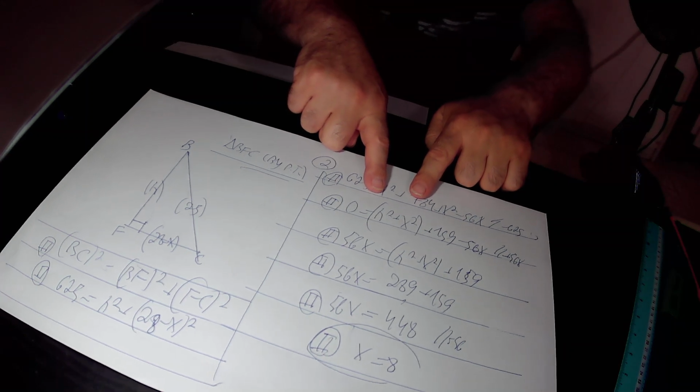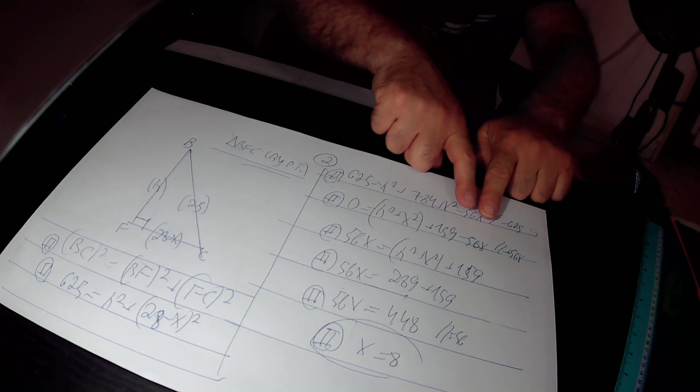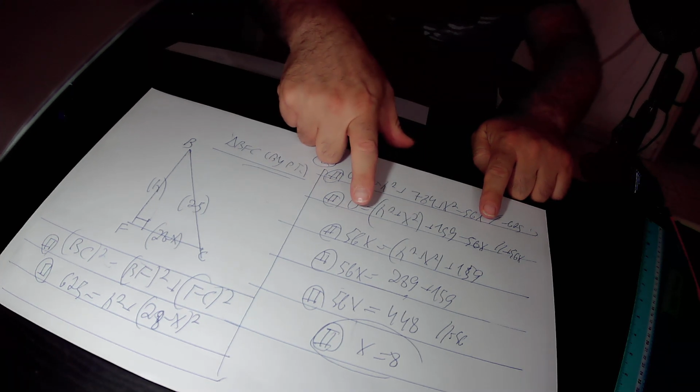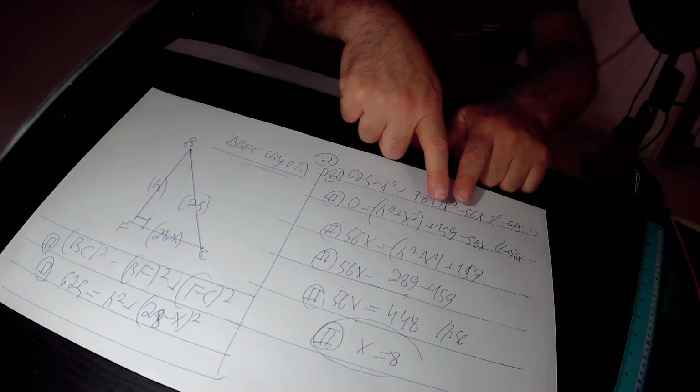Before that, we added 56X to this equation, and found out that 0 plus 56X is 56X, and it is equal to h squared plus X squared plus 159.